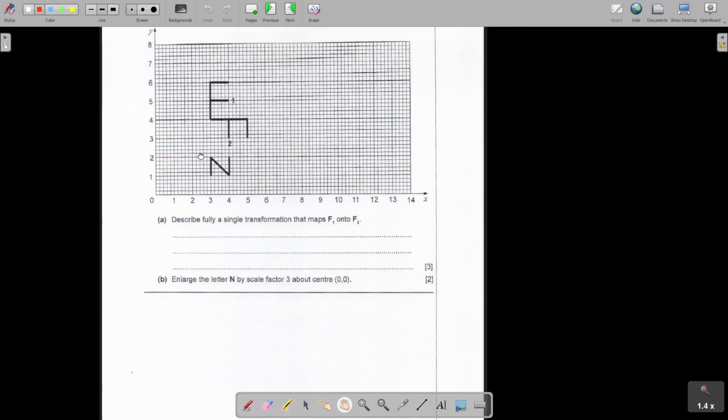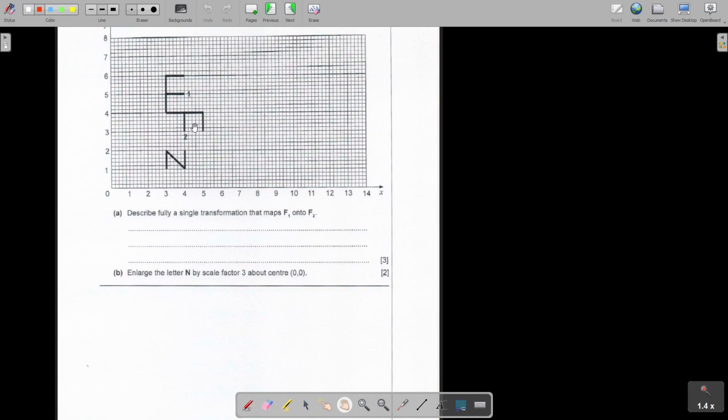Remember, always 3 marks. Now, do you see that the figures connect there? That will be the center. Now, F1 is like this. You can see it's 90 degrees, but start by saying rotation. You will get 1 mark for that. Then 90 degrees clockwise.